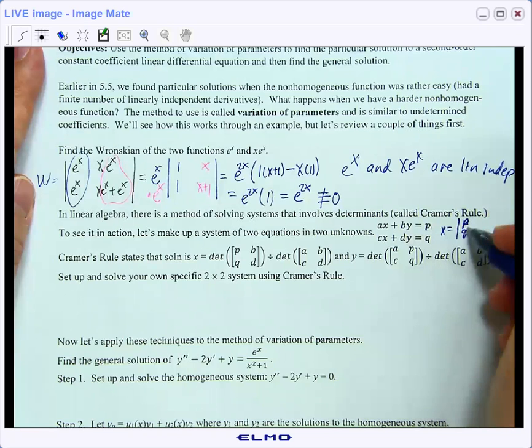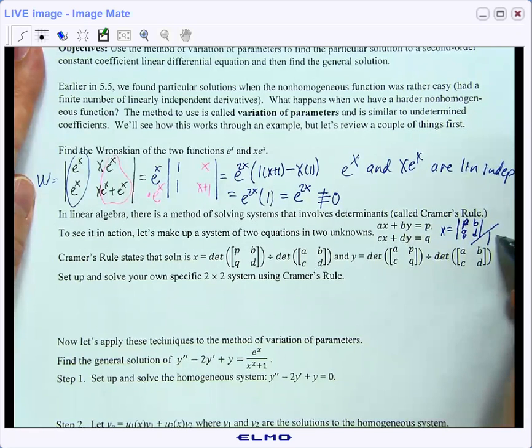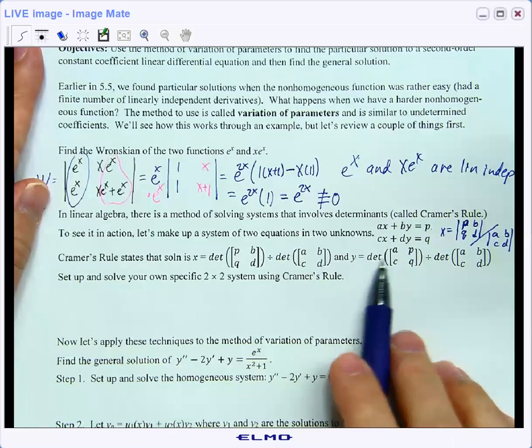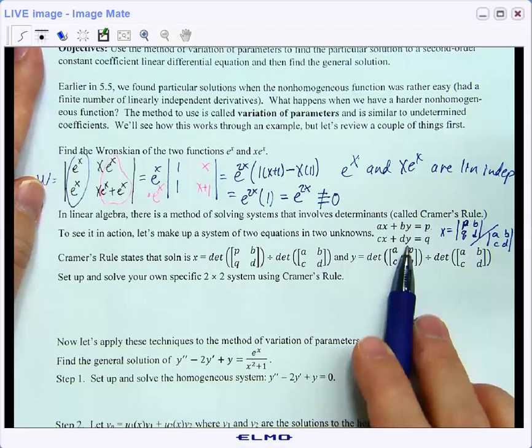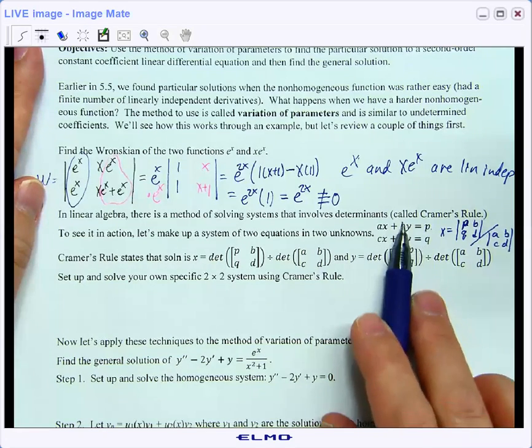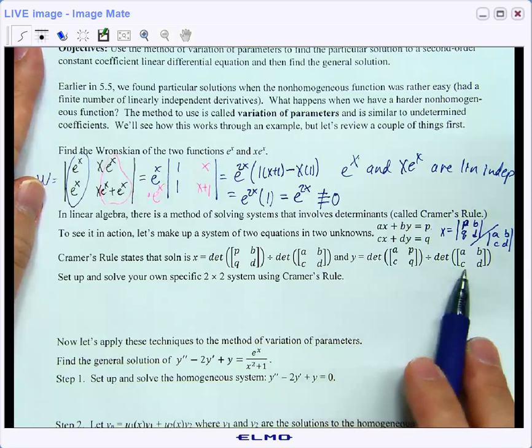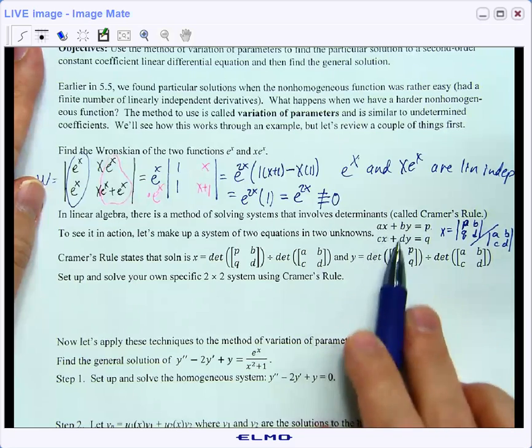So we put the constants in the first column, and then b and d, and we divide that by the determinant of the original coefficient matrix, a, b, c, and d. And similarly, we could find out what the y solution is by putting the p and q in for the b and d, and then doing the determinant of that over the determinant of the original coefficient matrix.